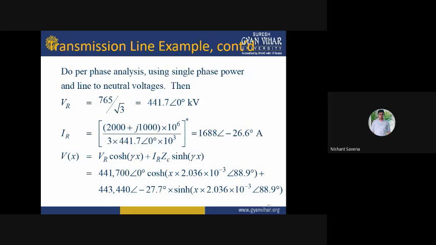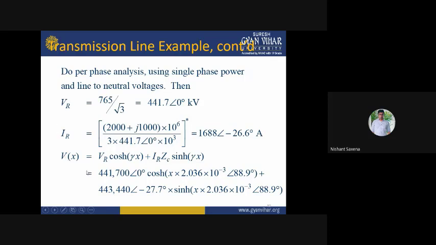And IR is equal to 2000 + j1000, that is S upon 3 VLN, where VLN is the line to neutral voltage. This is your S by V conjugate. So we are calculating the current also in this.